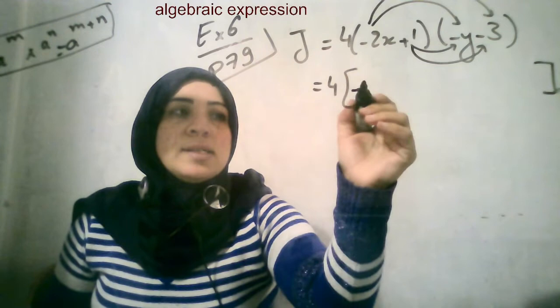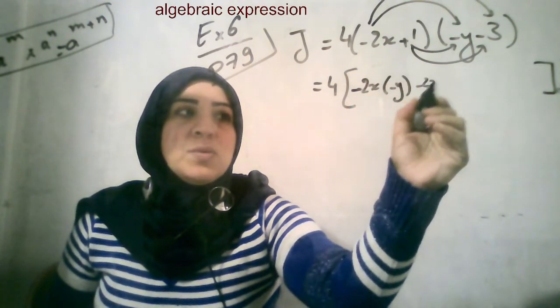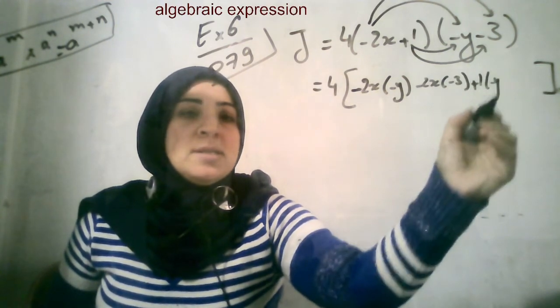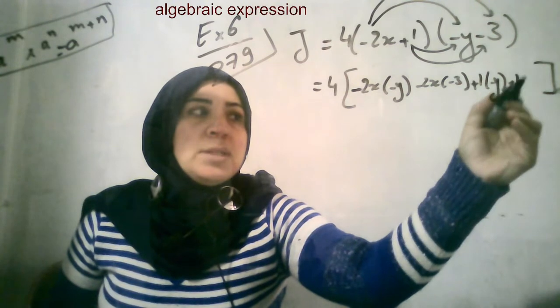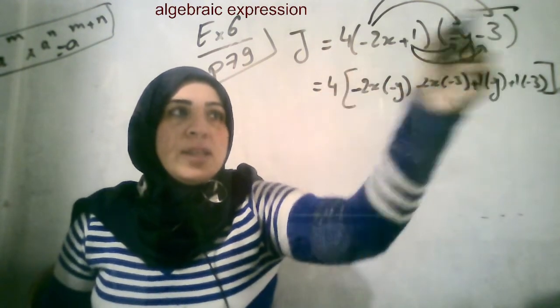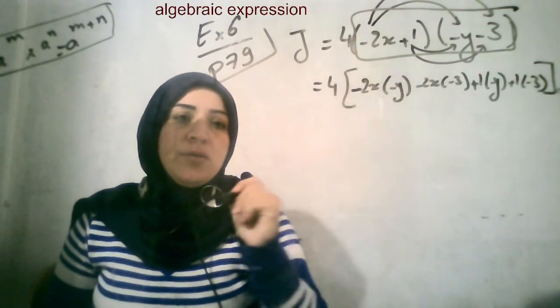Okay, let's write them. Minus 2x times minus y, minus 2x into minus 3, plus 1 into minus y, plus 1 into minus 3. We will develop these first and then multiply the product by 4.